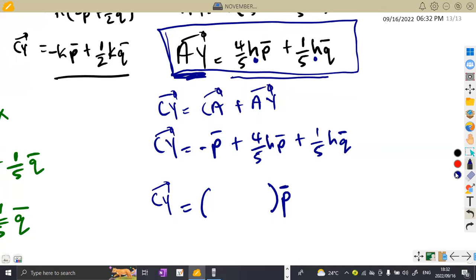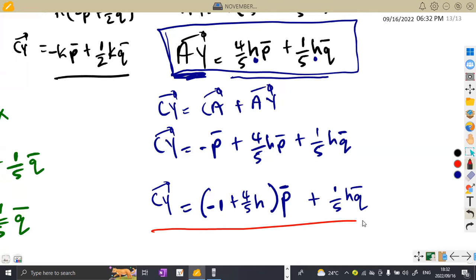If I factor out vector P, minus P divided by P leaves minus 1, and I remain with 4 over 5 H plus 1 over 5 H Q. Just like that, I've got my vector CY. I can leave my answer in this format or like that. You can't simplify these two, just leave it like that. Okay, so that was the idea there.